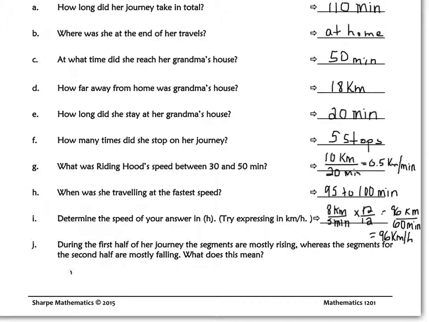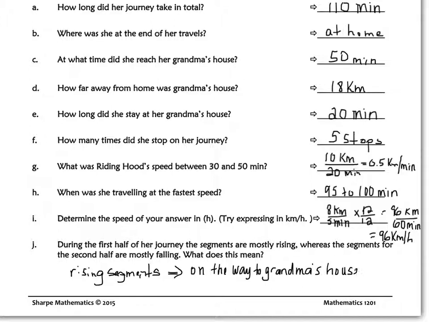So the rising segments would imply on the way to grandma's house, because the distance is increasing for those segments.